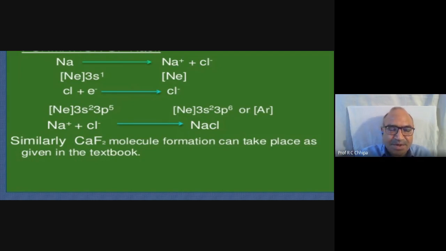Similarly, another example of ionic bond is calcium fluoride, in which we have calcium and fluorine.